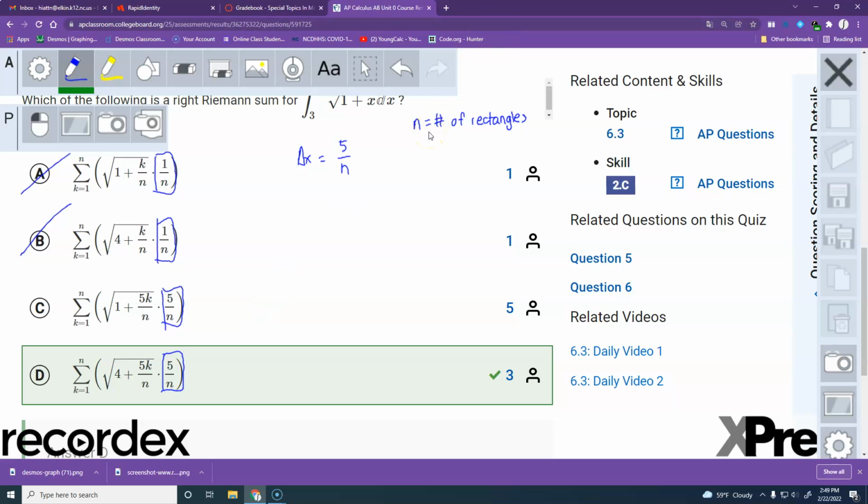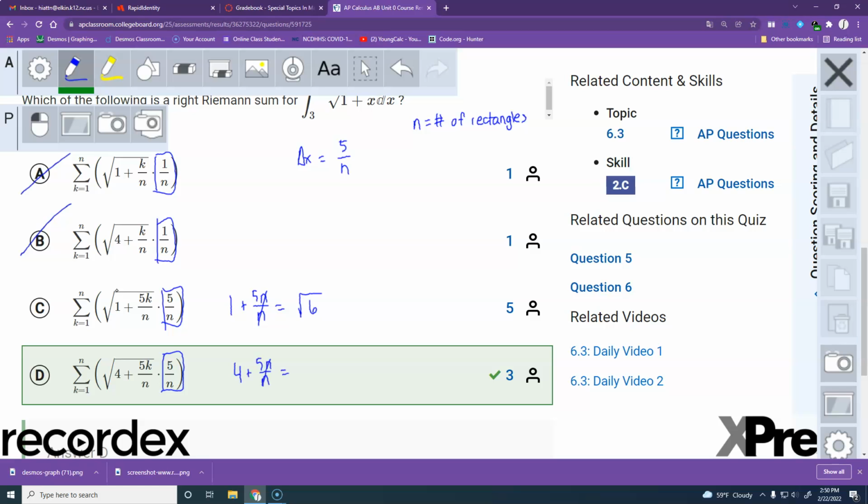And so here, I don't like this problem. It's difficult because the other trick I told you was you could plug in that n, but if you do that here, it's 1 plus 5n over n. The n's cancel. You get like a square root of 6 here. Whereas down here, you would do 4 plus 5n over n.